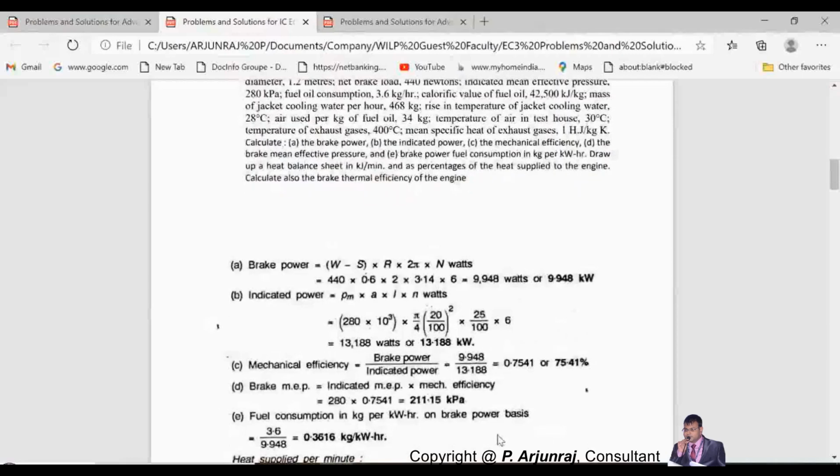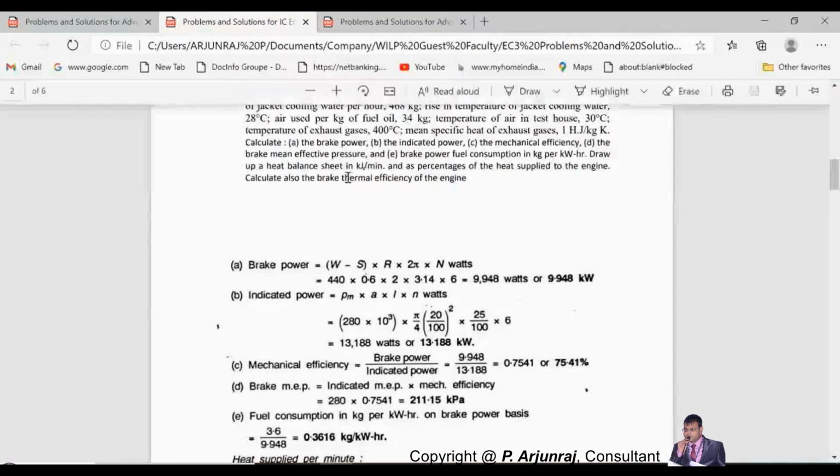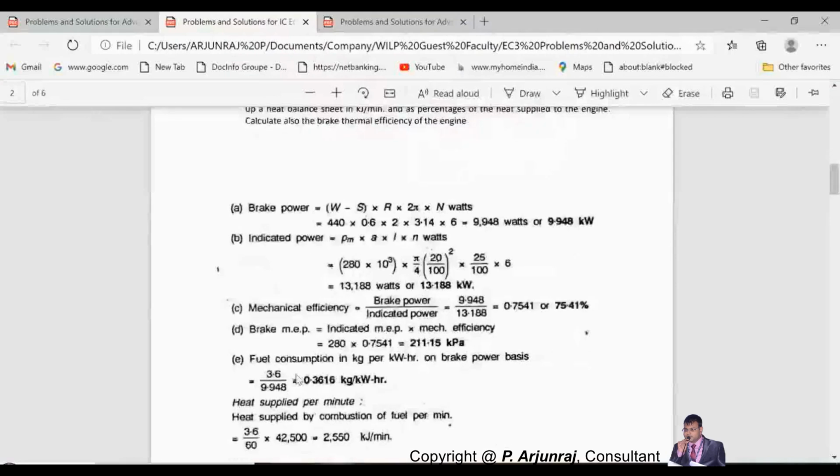Now, they are also asking to calculate the brake mean effective pressure of the engine and also the brake power fuel consumption. The brake mean effective pressure is nothing but indicated mean effective pressure into mechanical efficiency.